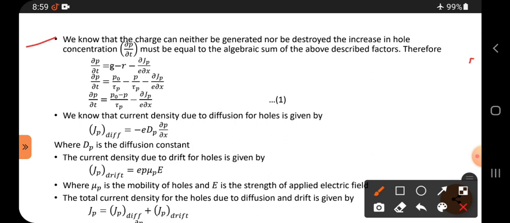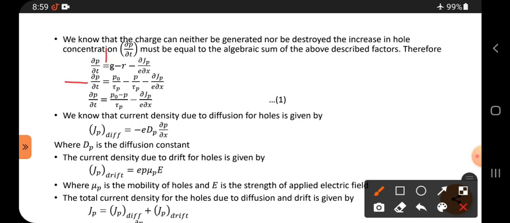So dou p by dou t equals G, the generation, which is increasing, minus R, the recombination rate, which is decreasing, and minus dou Jp by dou x, due to the additional current, which decreases the hole concentration. Two factors decrease and one increases, so the two are attached with minus and one with plus.